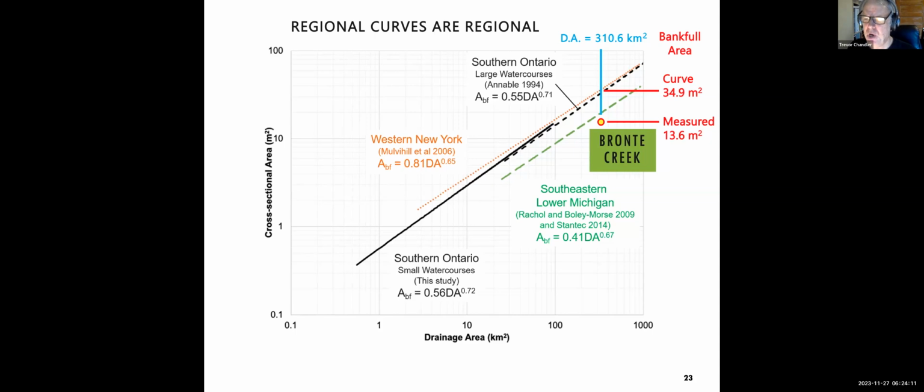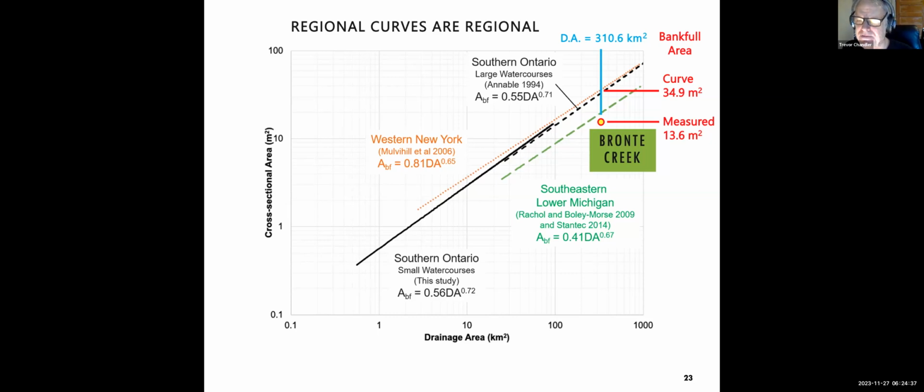We measured the bankfull area, and this is where the point plotted. What it means is that the watercourse bankfull dimensions were a lot smaller than what the curve was saying they should be. And the only difference that we saw was that it was a bedrock channel. And so the channel couldn't quite get up to its size, it would appear.